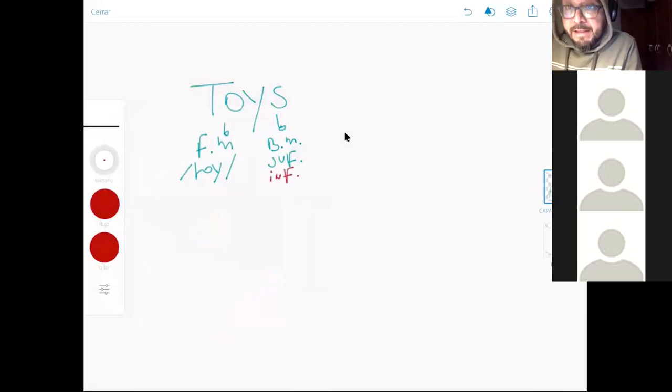And it receives that symbol, Z1. Why? Well, basically, because Z1 means plural.